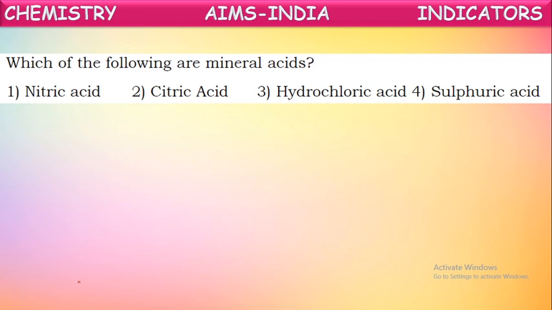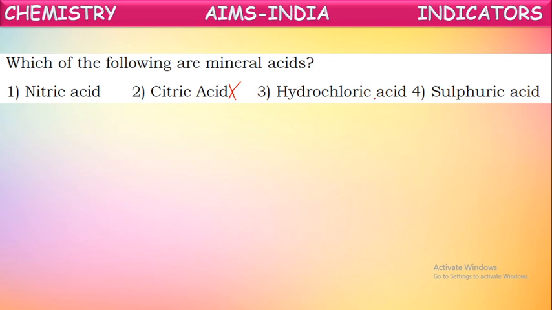Say nitric acid is one of the inorganic acids, but citric acid is an organic acid because it is obtained from natural substances like some citrus fruits. Example, lemon, orange, these fruits give citric acid. So it is obtained from natural resources, hence it is called an organic acid, not a mineral acid.